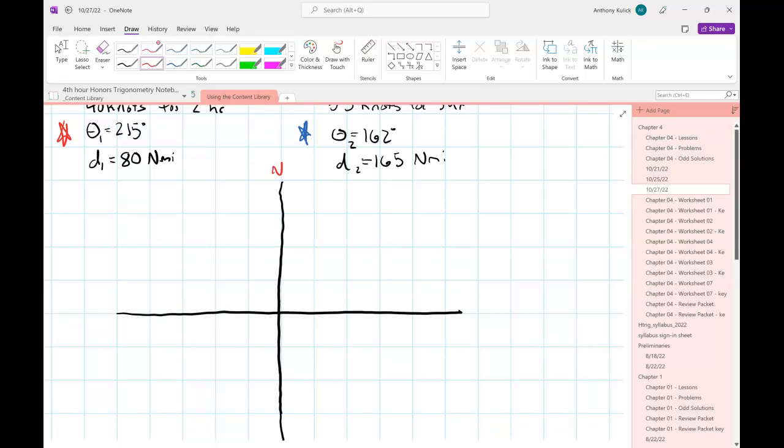So the first thing I'm going to do is I'm going to draw in my 215 degree angle. What quadrant will that 215 degree bearing land in? The third quadrant, right? 90, 180, and then 35 more. Everybody's cool with that?